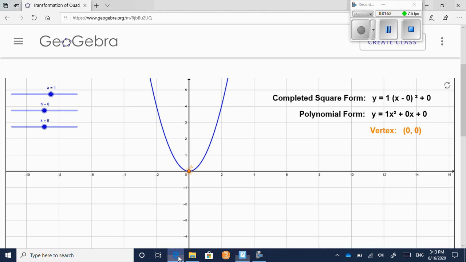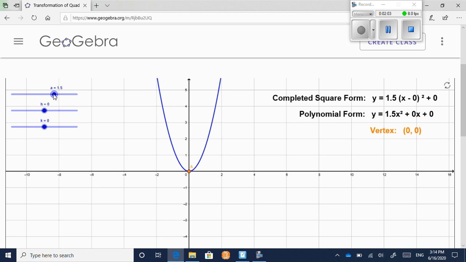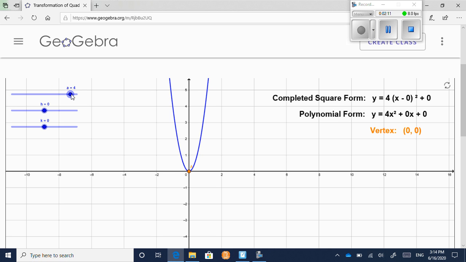So let's have a look at what happens. I'm going to grab this slider here and start pulling it, making it bigger. Look at what happens to the parabola as I do this. There's 1.5. Do you notice what's happening? It's becoming thinner. I'm stretching it out. So that's an a getting bigger.